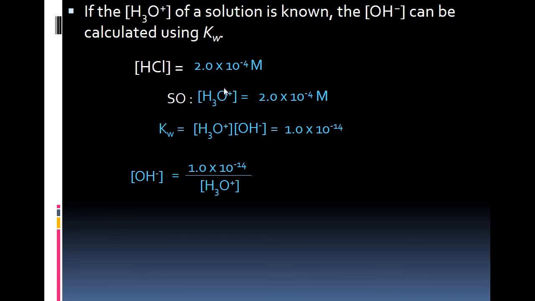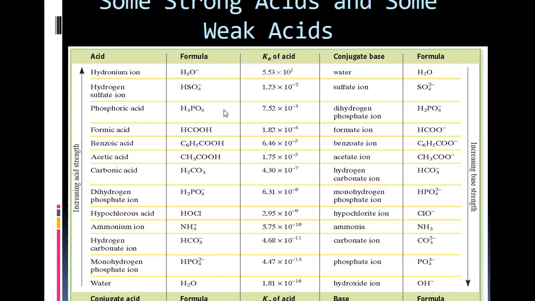Replace that with the concentration for hydronium, and we will get, now since it's 2, you should use your calculator. It's not as easy to calculate. It would be 5.0 times 10 to the negative 10. So a low concentration of hydroxide. Here are some strong acids and weak acids.